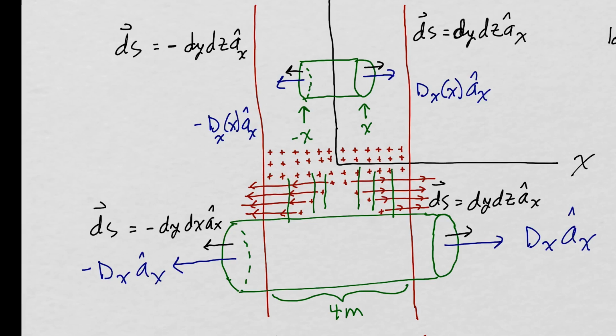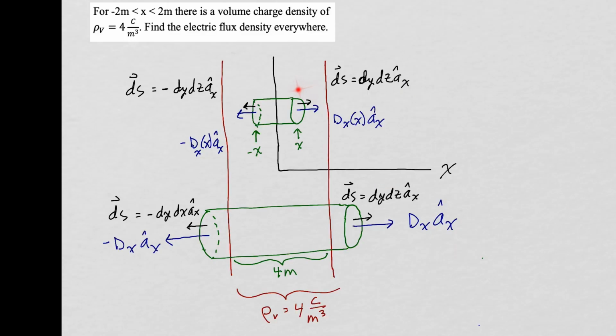And once you get outside of the charge distribution, there's no longer an increase in electric flux lines, so you have a constant electric flux density field for x greater than 2 meters and x less than -2 meters. So let's apply Gauss's law to this Gaussian surface first.